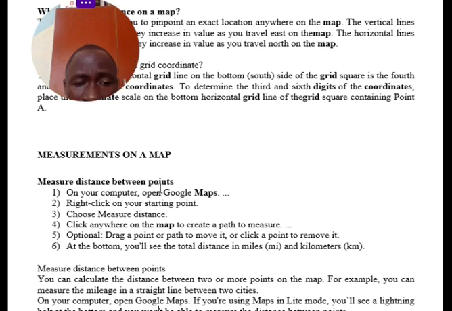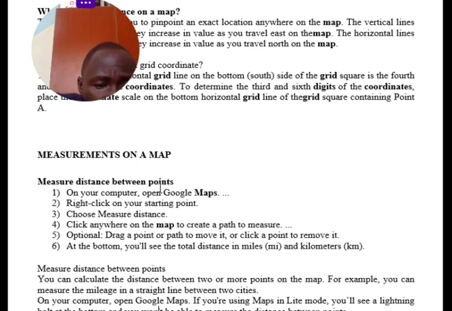Then they are saying right click anywhere on the map to create the path. How do you create the path? It is when you are determining the distance, or when you move from one point to the other.